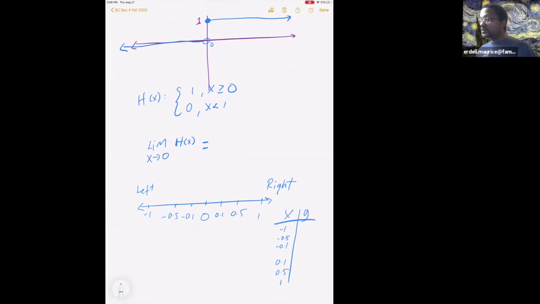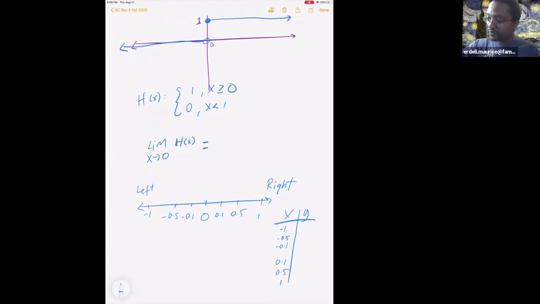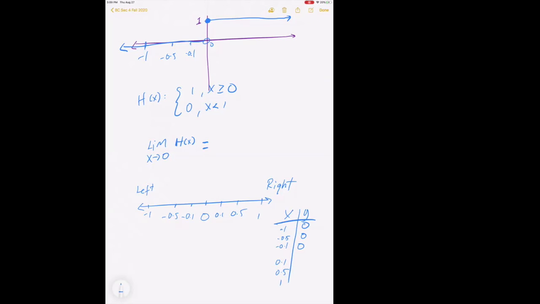You remember this old school method from earlier today? That's how we used to work these things out. So if I take -1 and plug it into the function, the answer is 0. If I take -0.5 and plug it in, the answer is 0. If I take -0.1 and plug it in, the answer is 0.